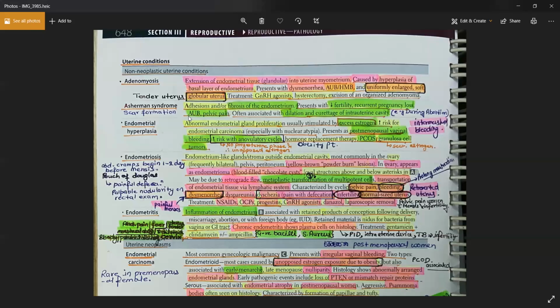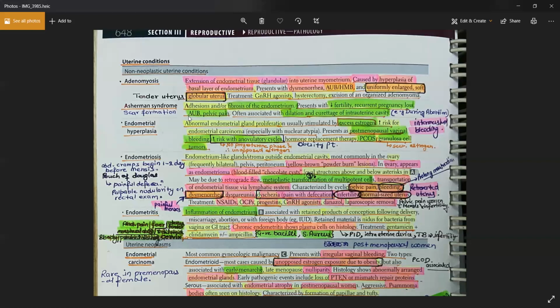Okay. You give the patient progesterone hormones, and then you remove them after that, right? Whenever you encounter a patient having recurrent pregnancy losses or maybe the infertility or maybe no menses, in that case, you will give the patient progesterone for a week or maybe 10 days. After that, if the patient gets a withdrawal bleeding, that means this condition is totally normal, okay?